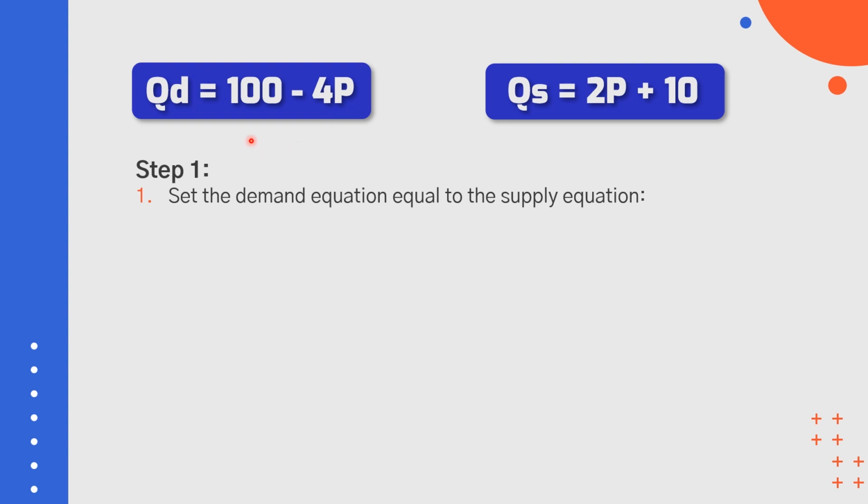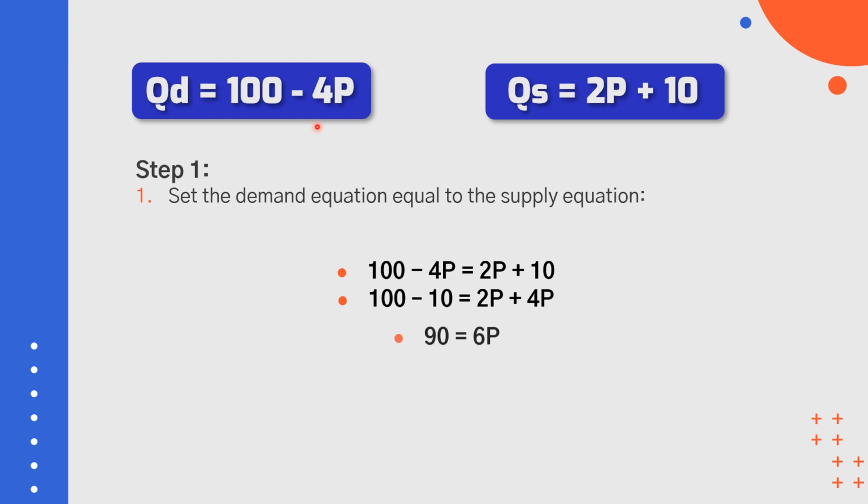So 100 minus 4p equaling 2p plus 10 means 100 minus 10 equals 2p plus 4p. In other words, 6p equals 90. In other words, the equilibrium price is $15 per unit.